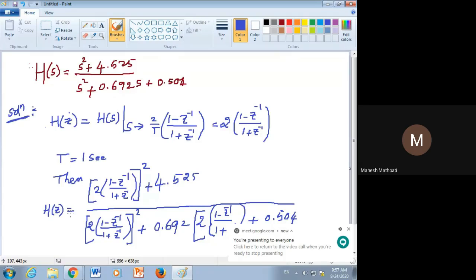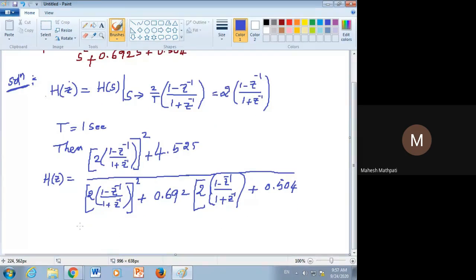Just a minute, let me write it down so that others will also note that part. So this is equal to, what is the answer you got? 8.525 z square plus 1.05 z plus 8.525.